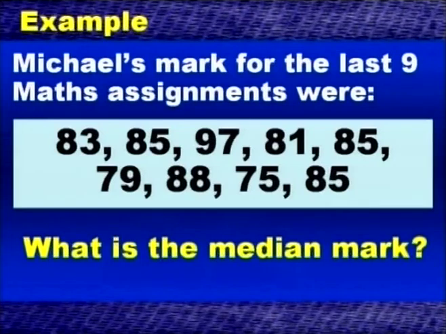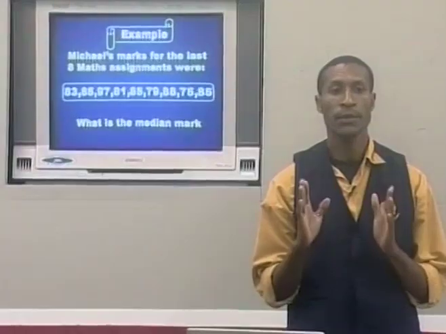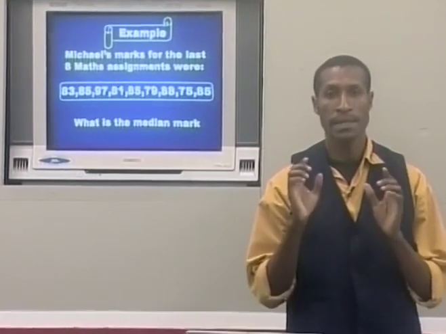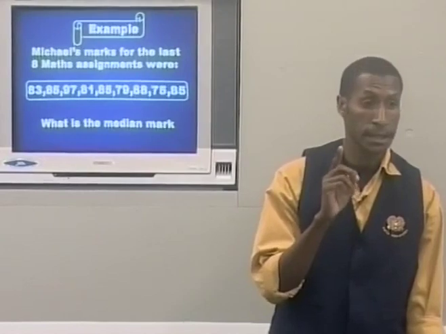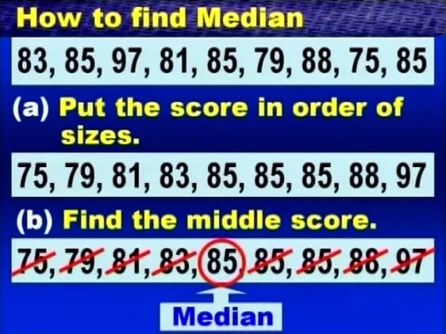What is the median for Michael's mark? I'd like you to look at the example there. And the next example that I will show you is the solution to that question. So it is very important for you to make note and study how I got the median, or how median is found. So look at that example.